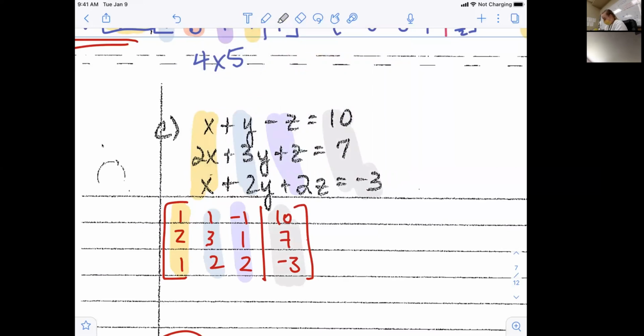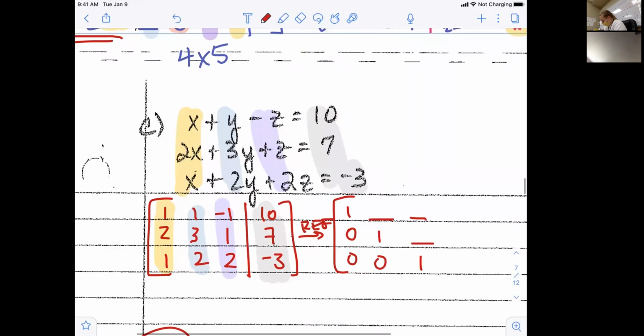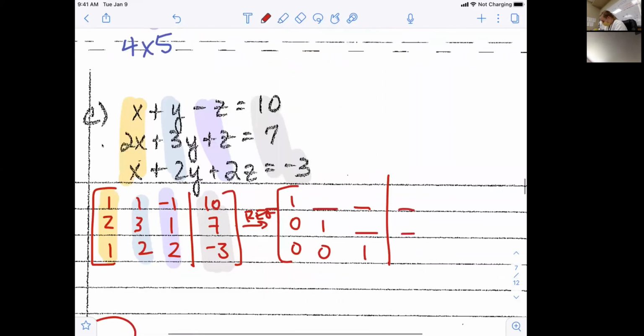Okay. I have to do REF of this, so I got to enter this in the calculator and see what I get out. I know it's going to be 1, 0, 0, something, 1, 0, and then something, something, 1. And then I'm going to have all 3 just kind of random numbers over here. So I can kind of know this is what it's going to look like. I've not done this one, so I hope it's not a weird one.